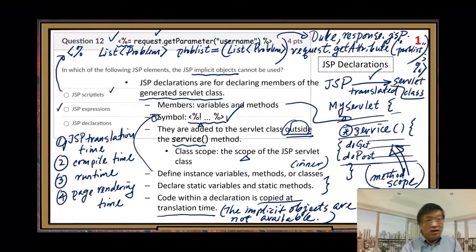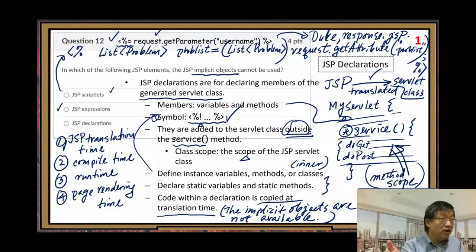You haven't compiled it, you haven't run it. Even at compile time, they are still not available. At runtime, they are available, because at runtime the server, the container, has the chance to create implicit objects and deliver them to your translated servlet class.